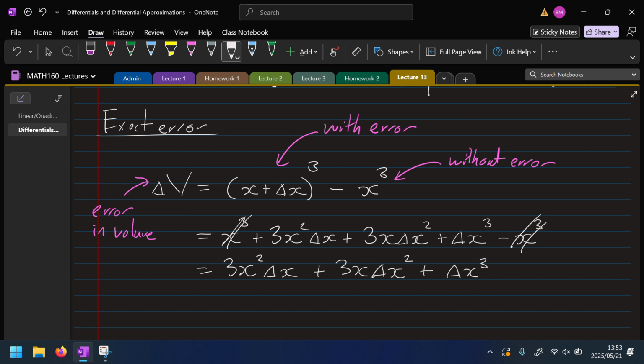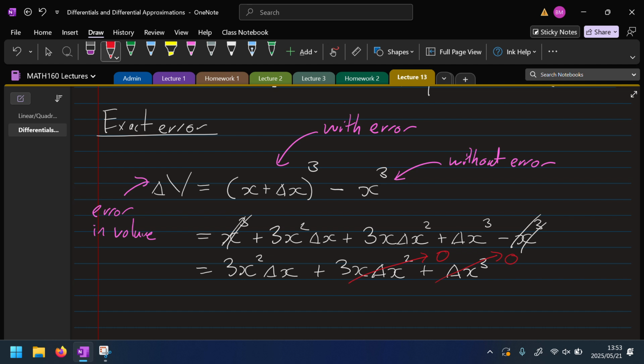That's much, much smaller. So in the limit, when this delta x error goes to 0, the second term and the third term we can ignore. They go to 0.